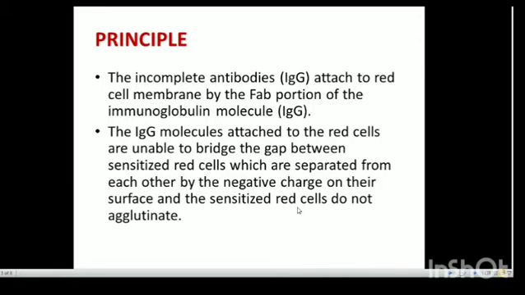Now the IgG molecules attached to the red cells are unable to bridge the gap between the sensitized red cells, which are separated from each other by the negative charge on their surface, and the sensitized cells do not agglutinate because of the repulsion.